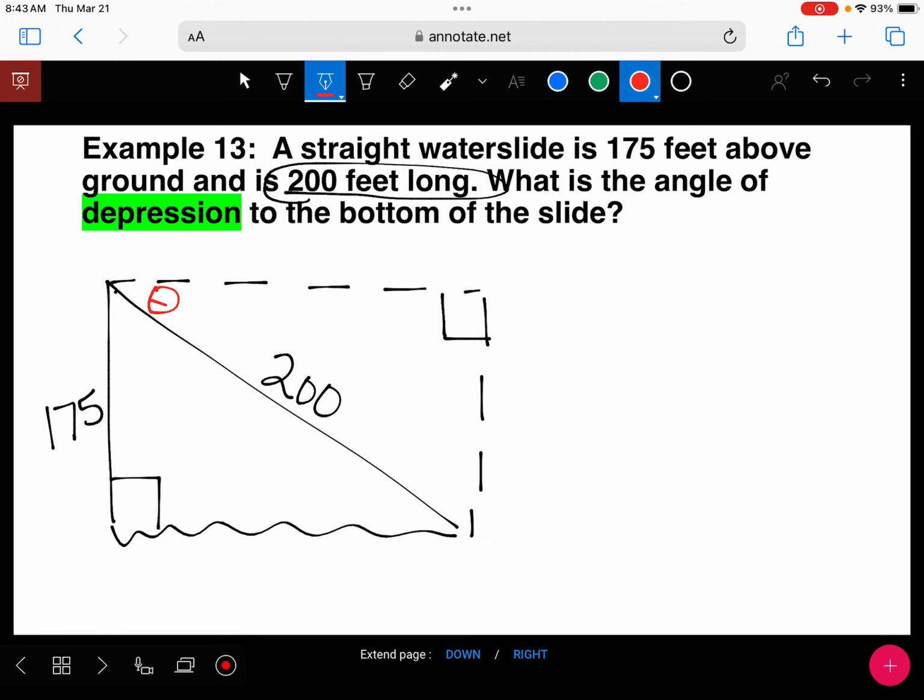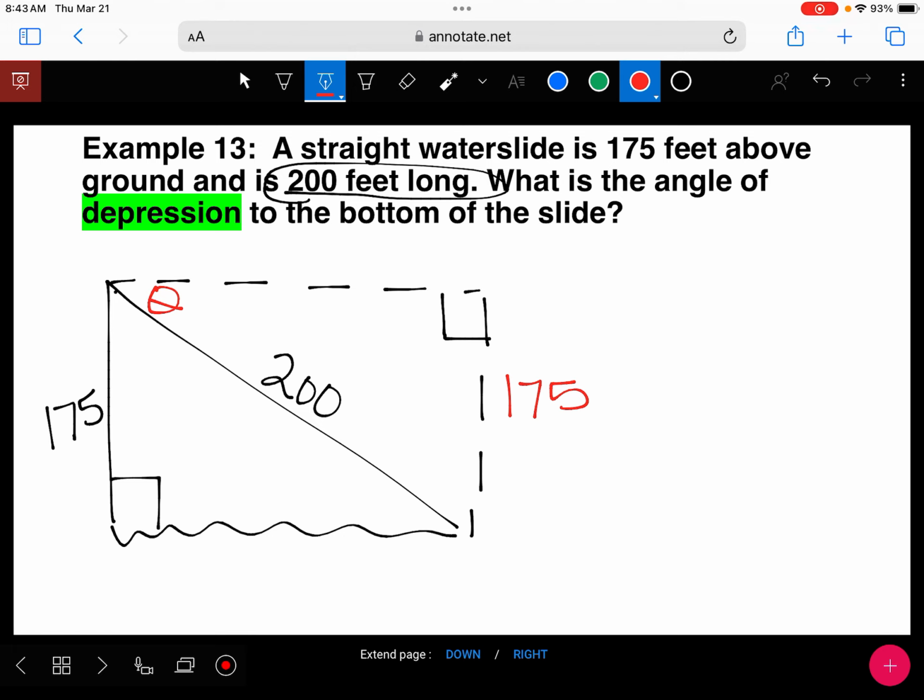So the angle of depression would be here. Going back to what we said, if you look at that box diagram on page 2 or 3, the angle of depression is always on the outside of the triangle, and it's always with the horizon. So I can also put that 175 over here.